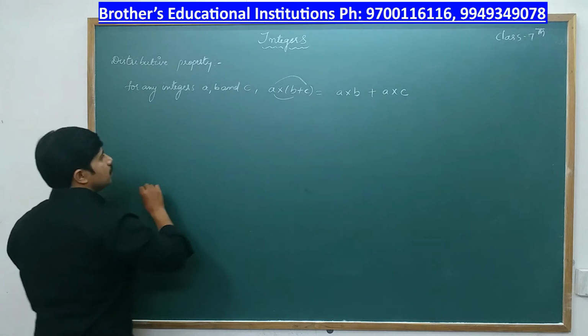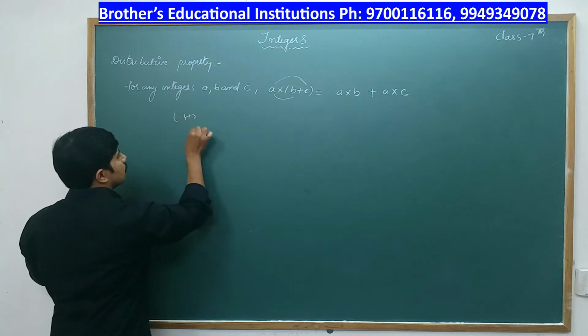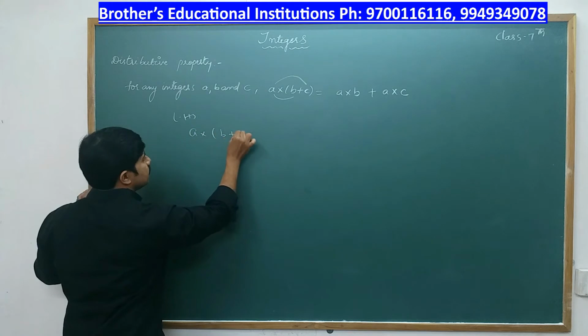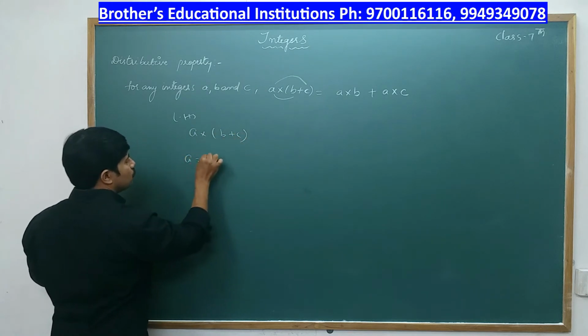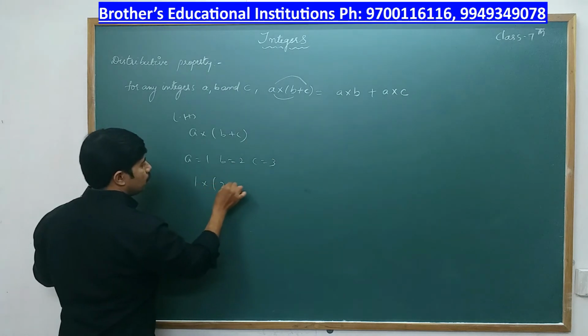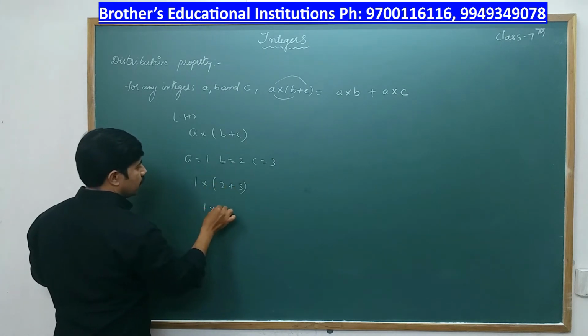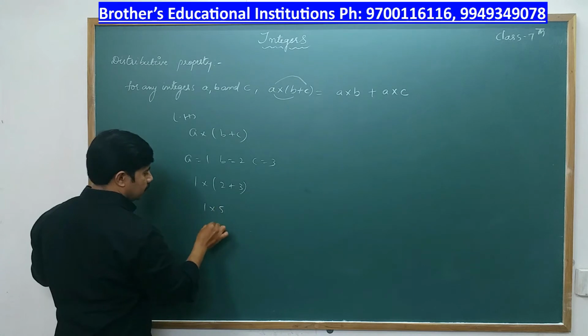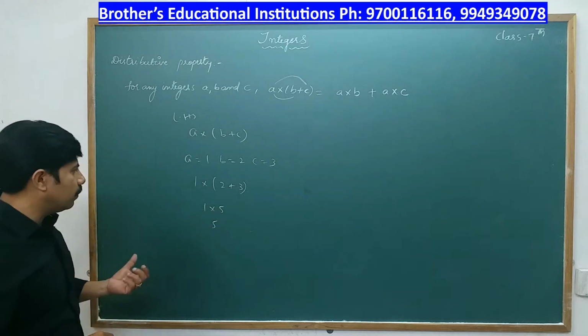Suppose you take LHS a into (b plus c), and assume the values a as 1, b as 2, c as 3. So a into (b plus c), we get 1 into 5, since 2 plus 3 is 5. So 1 into 5 is 5.